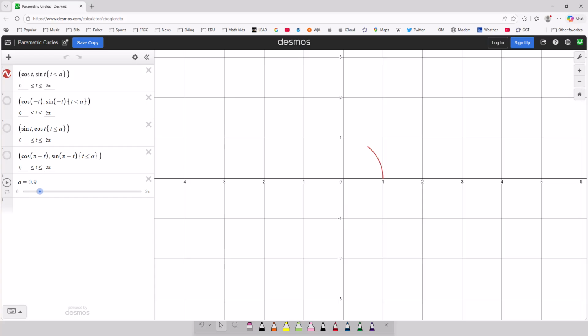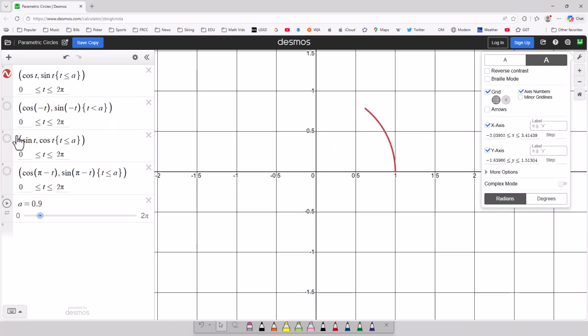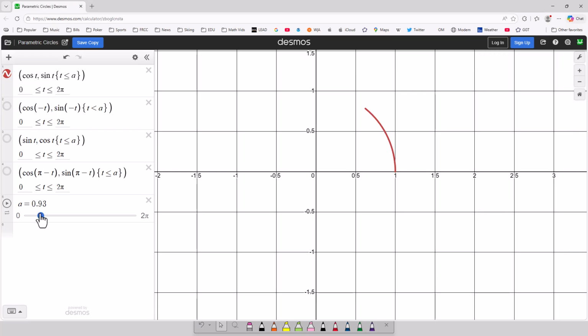So Desmos is a great tool to get a handle on how some of these little tweaks will change your curve. So if we just do a couple fiddly things here. So right here, cosine sine, that's the first one we did, and we can see the orientation here, right? It's going counterclockwise.